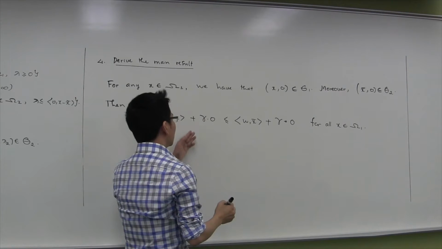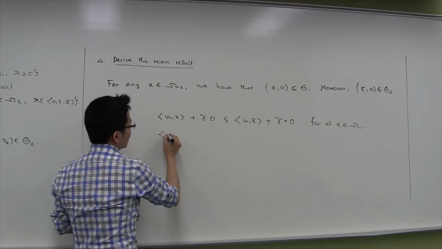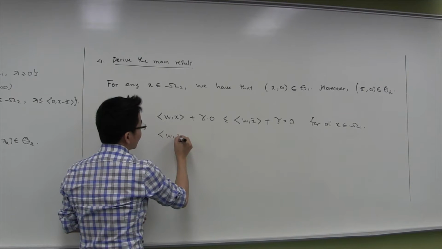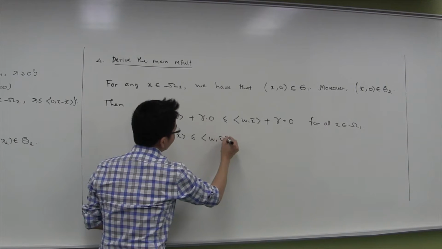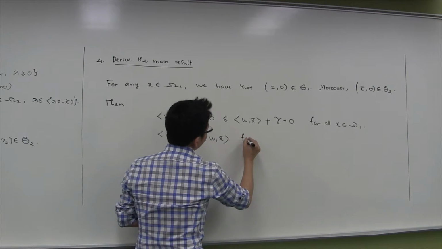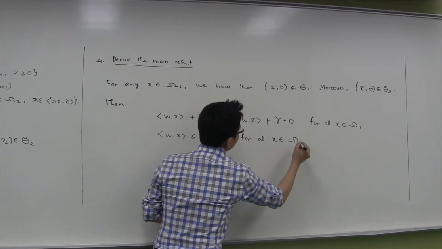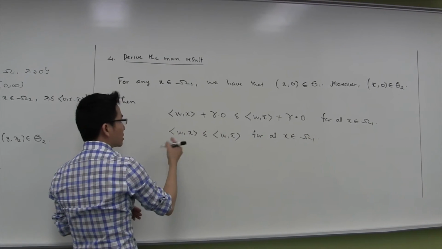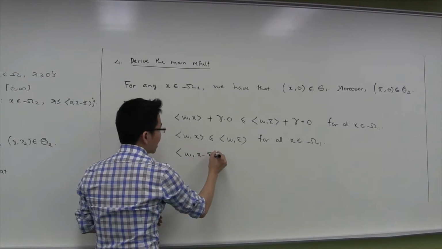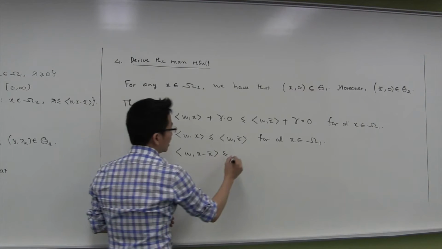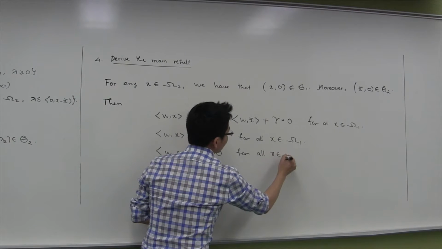Okay, so this inequality can be written as follows. The inner product of W and x is less than or equal to the inner product of W and x bar. This is true for all X in omega 1. Okay, so it can also be written as the inner product of W and x minus x bar is less than or equal to 0 for all X in omega 1.